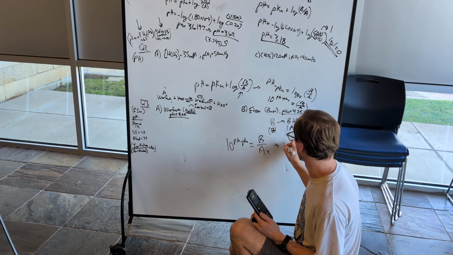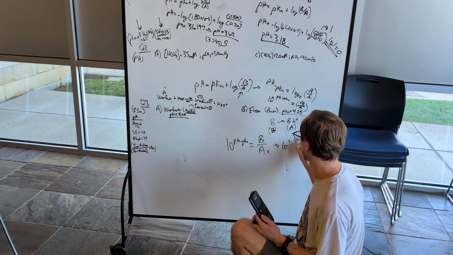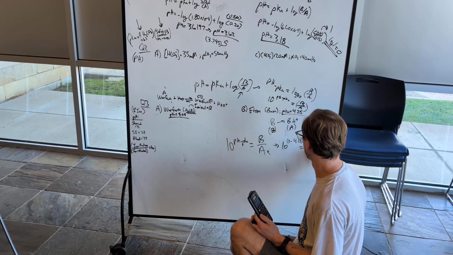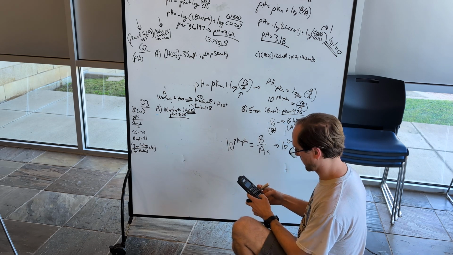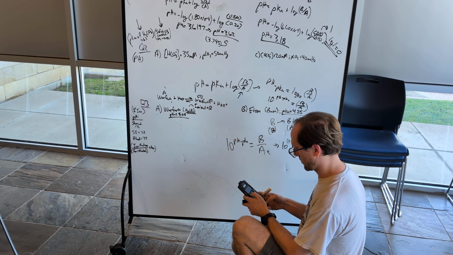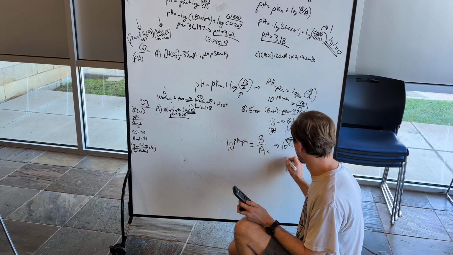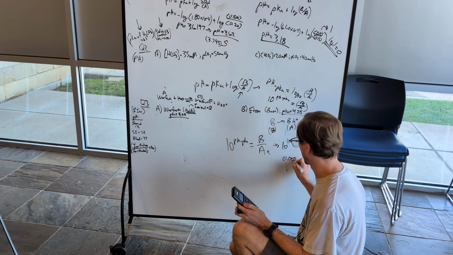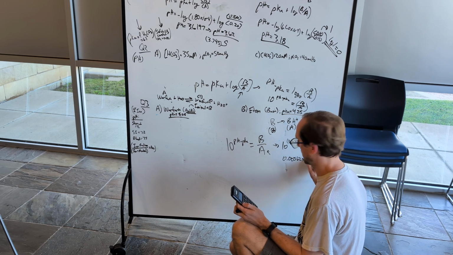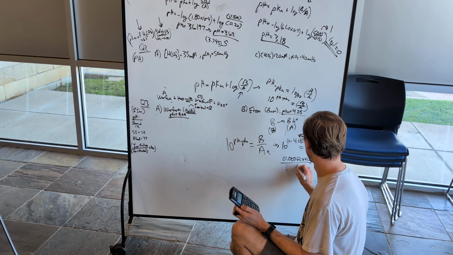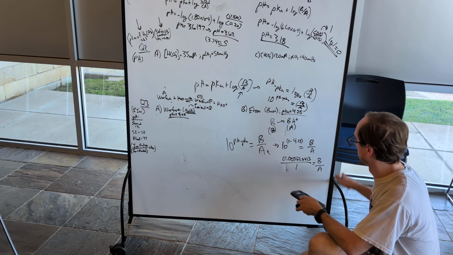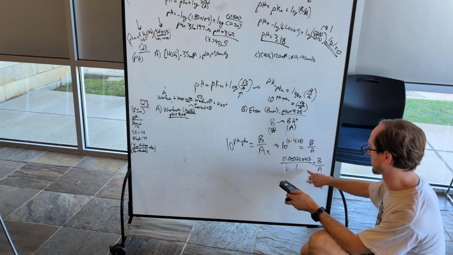So we're saying 10 to the 2 minus 4.25 is equal to base over acid. 2 minus 4.25, 10 raised to that is 0.005623413 over 1, equal to base over acid, with the idea that this is our base form and this is our acid form.